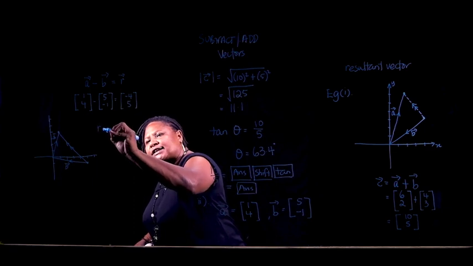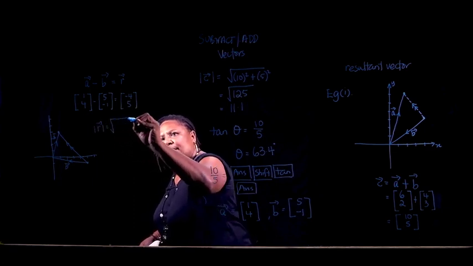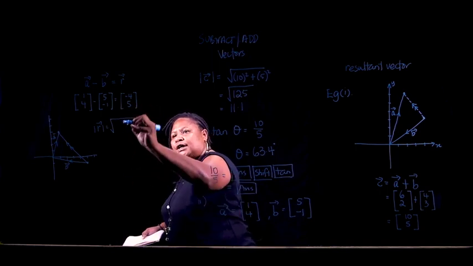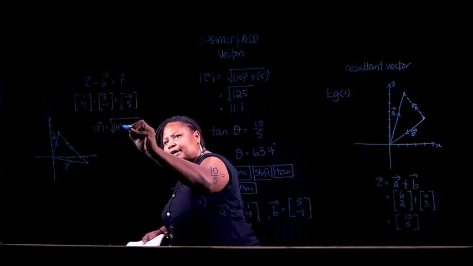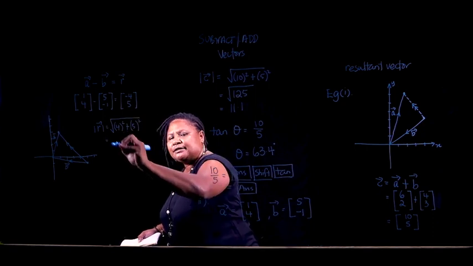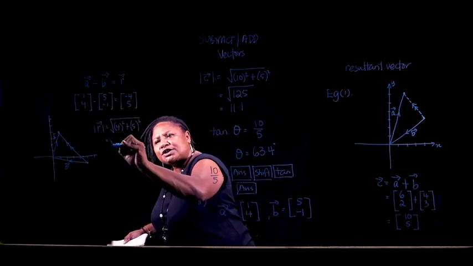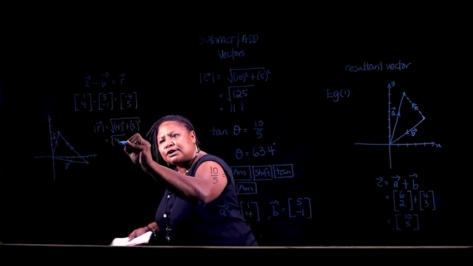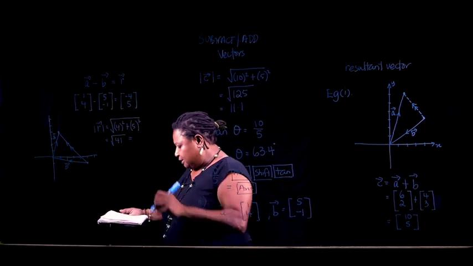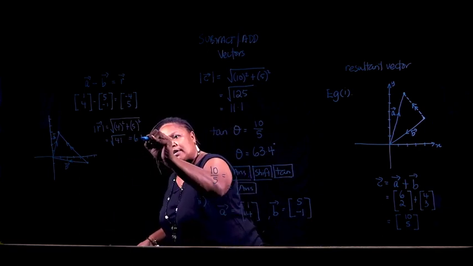Our resultant vector is equal to the square root of negative 4 squared plus 5 squared. That's going to give us 16 plus 25, which is 41. So root 41 is equal to 6.4 units.